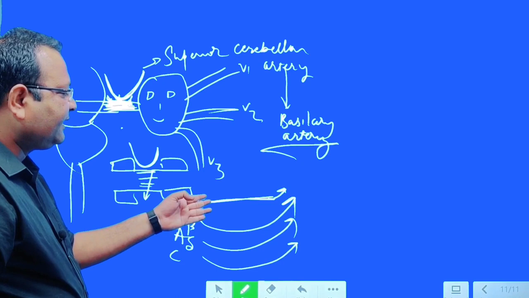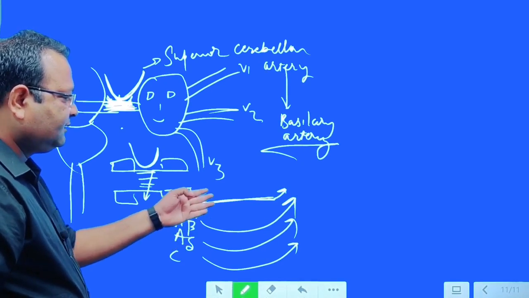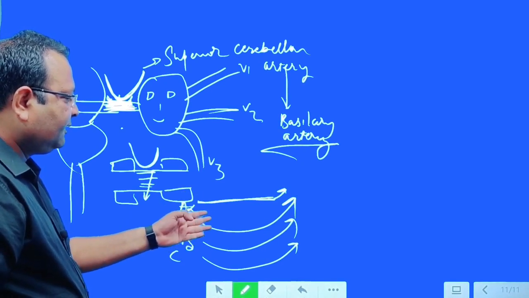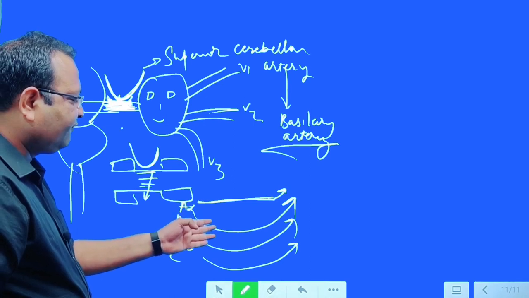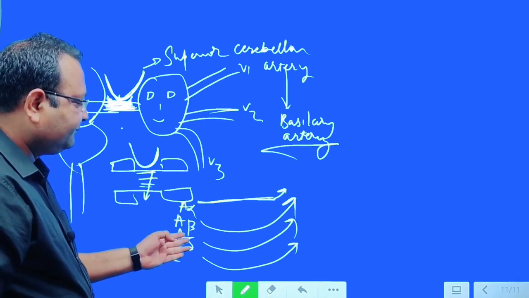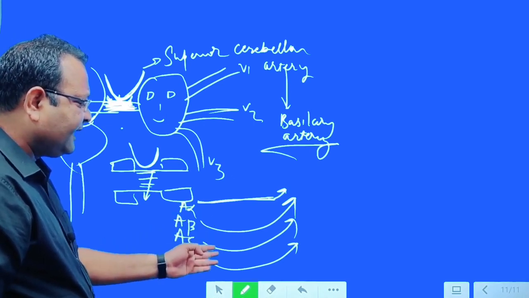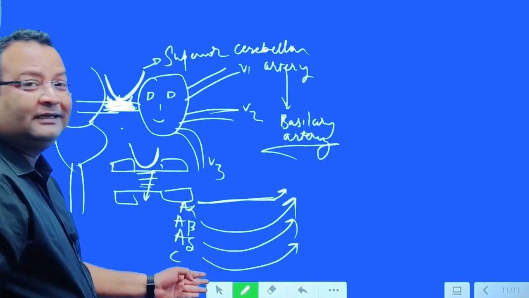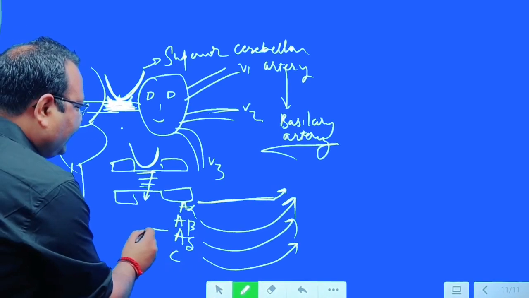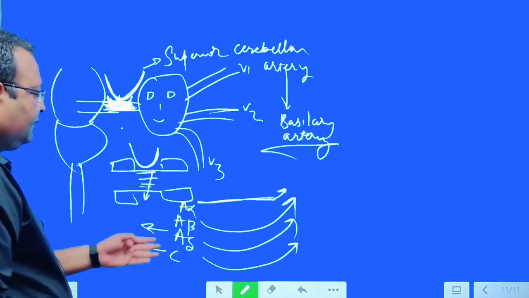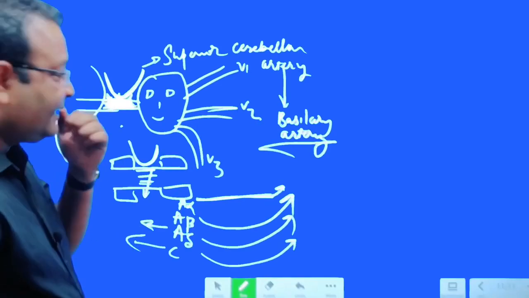A alpha is the most myelinated fiber. A beta is less myelinated than A alpha, and A delta is less myelinated than A beta, and C is non-myelinated. So sharp pain is carried by A delta, and dull pain is carried by C fibers.